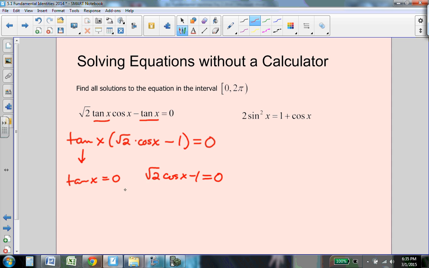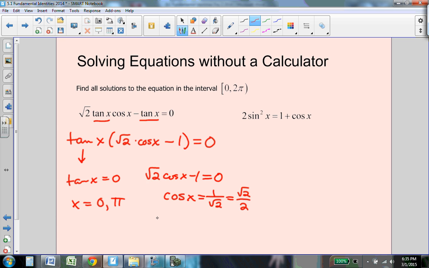Tangent is slope, and where the slope is 0, that is at 0 itself, and also over at pi. And then doing this in one step, I add 1, divide by the square root of 2, which did not have to take a square root here. Therefore, I do not have plus or minus.